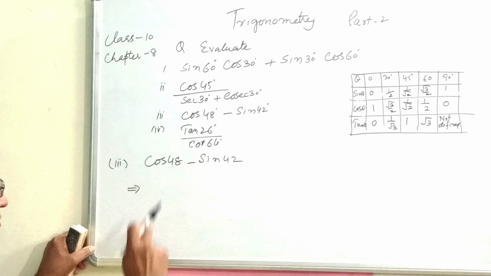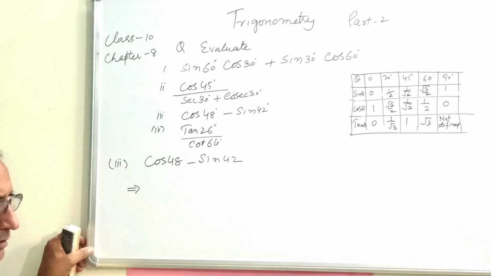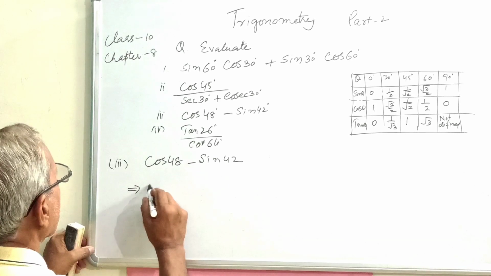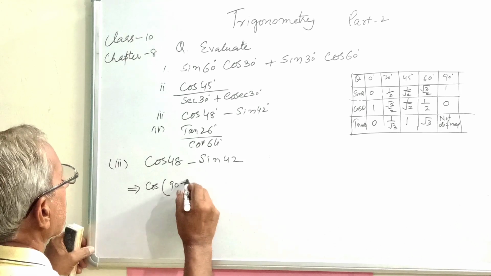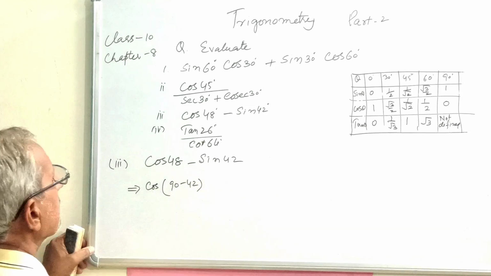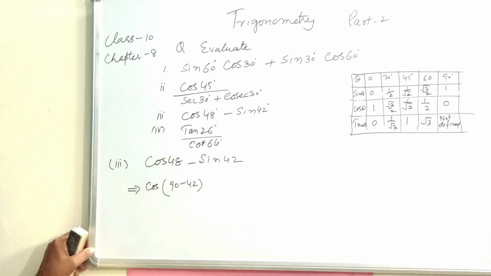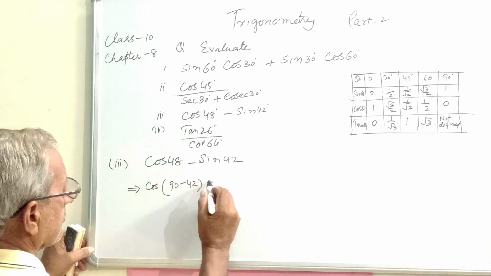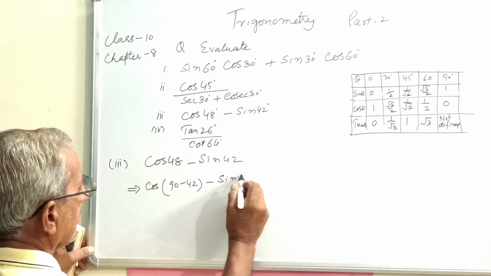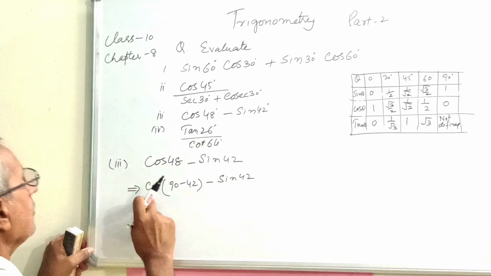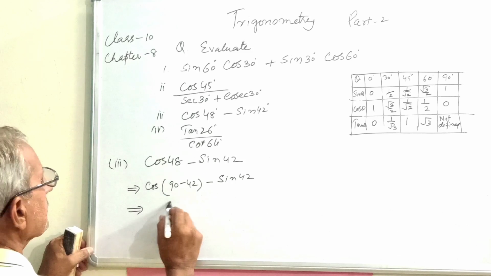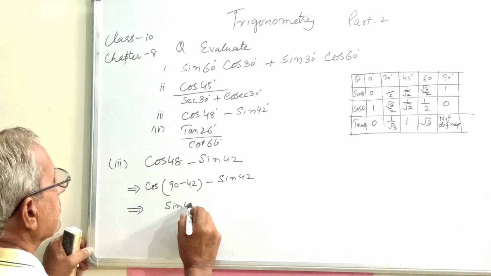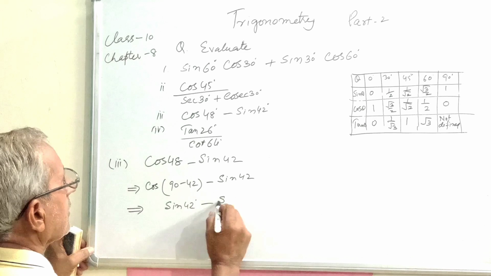So you have to change 48. So cos 90 minus 42 degree, that will be again 48. Minus sin 42. So cos 90 minus theta, that is sin 42 minus sin 42.